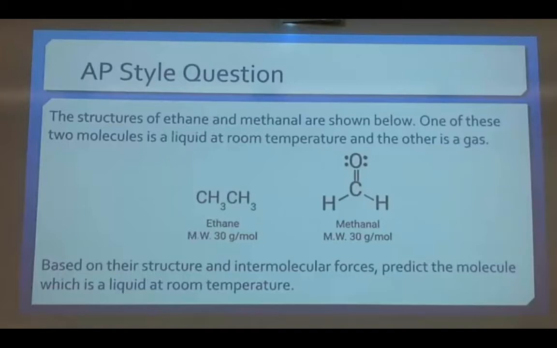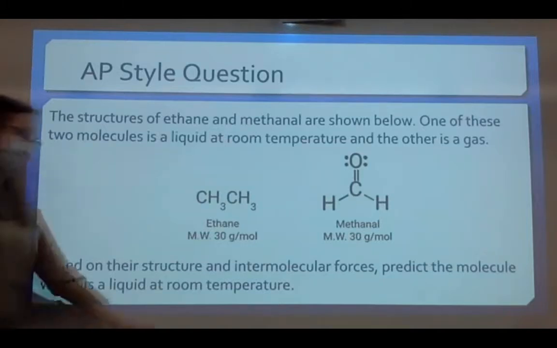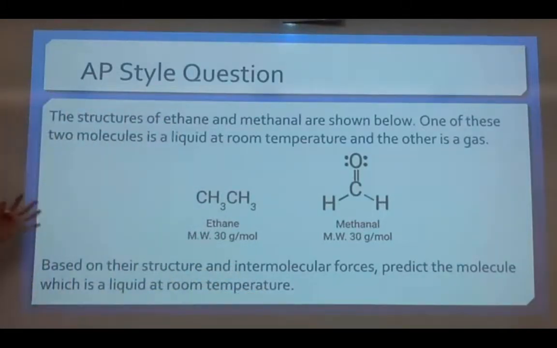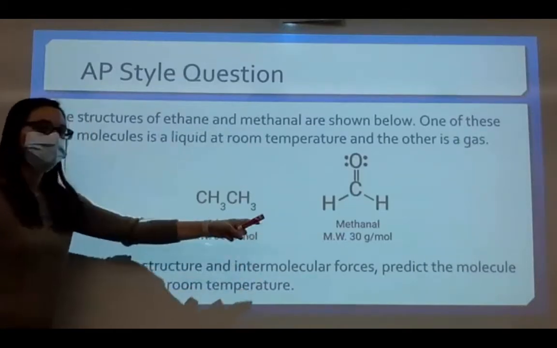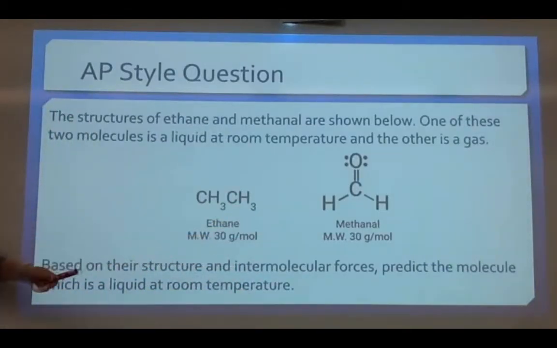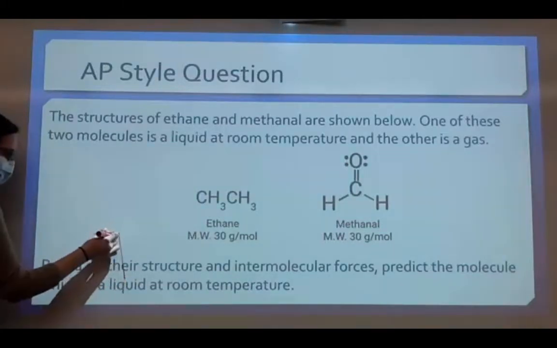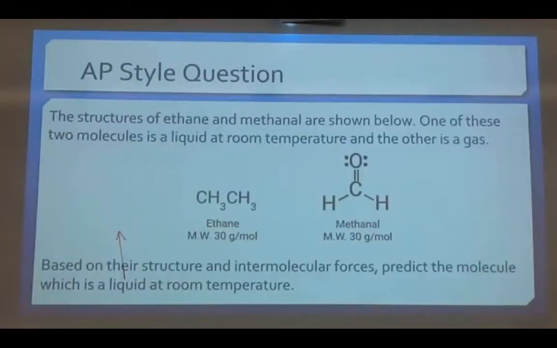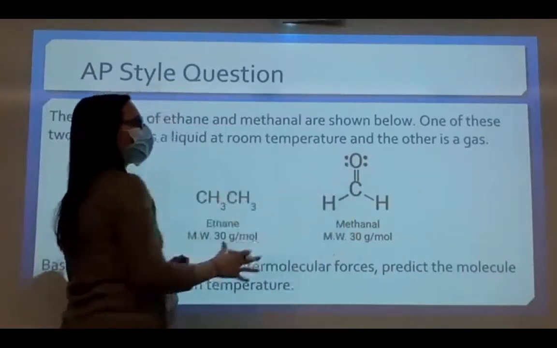The first thing is determine what the question is asking about intermolecular forces. The reason that we're looking at intermolecular forces is because it says based on structure and IMFs. So let's start by figuring out, okay, it's asking which one is a liquid at room temperature. Well, we know one is a liquid, the other is a gas.